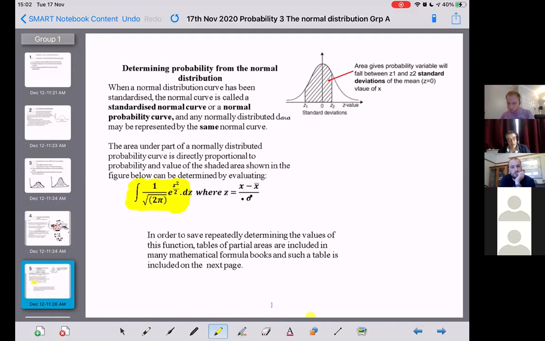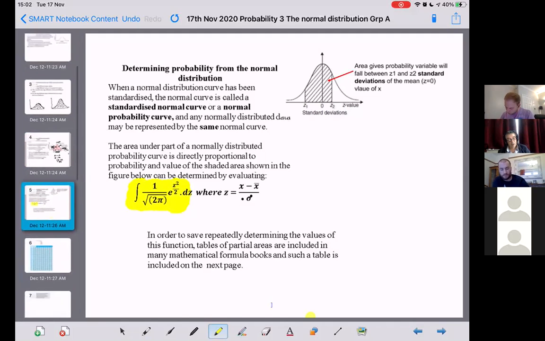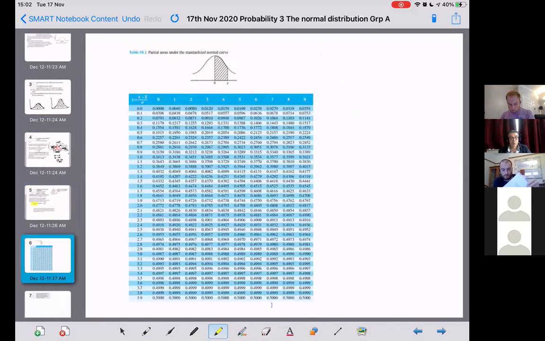So if you've looked ahead, you'll have seen these. But this is a table to help you find, for a given Z value, what the probability is. So, for example, if we had a Z equal to 1.00, that would come here.